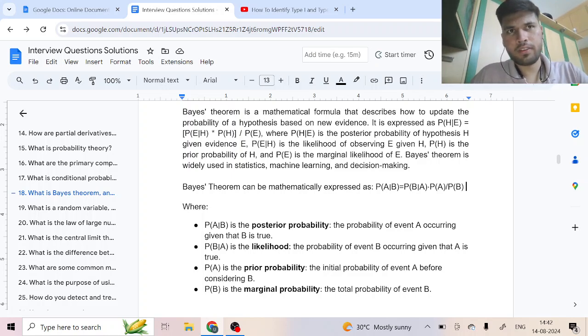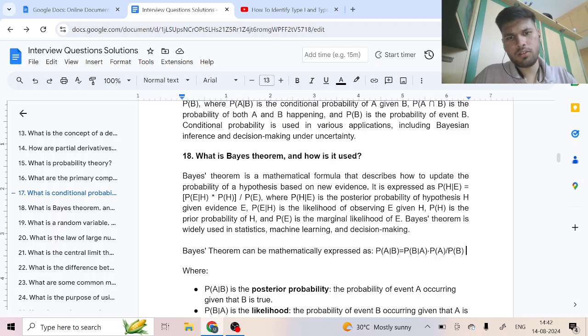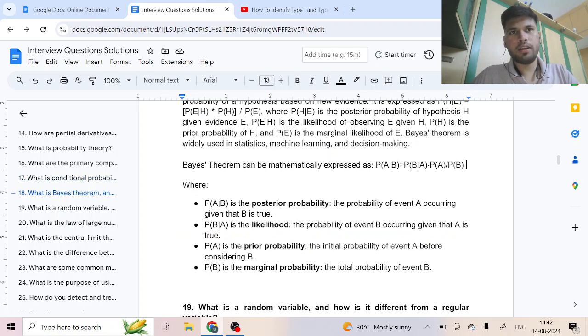For example, how does Bayes theorem work? Basically, we start with P(A), the prior probability. This is what you believe is the probability of A without having new evidence. Now gather the new evidence.